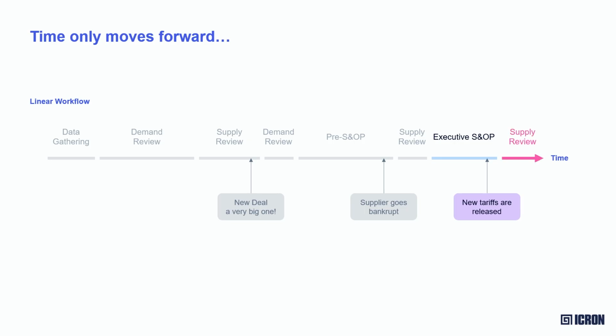So what is the moral of the story? Disruptions occur, yes. And if you are working in a linear workflow as such, your decision is postponed, right? You're not making the decision.